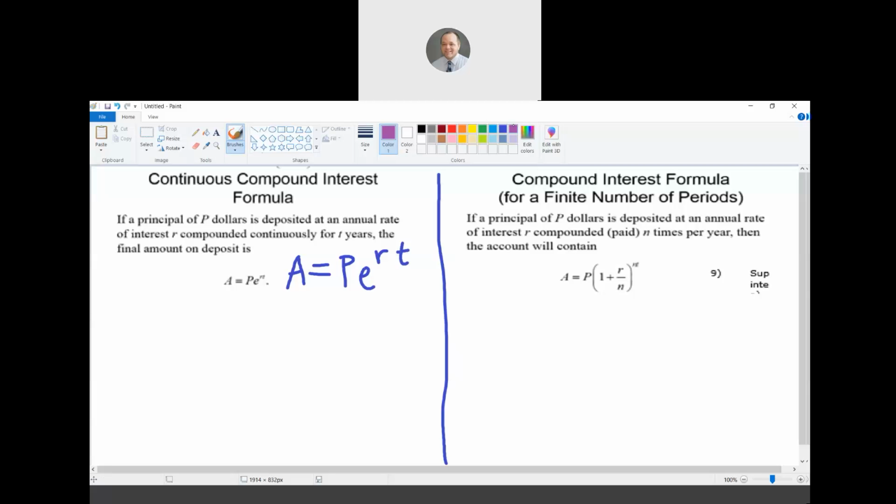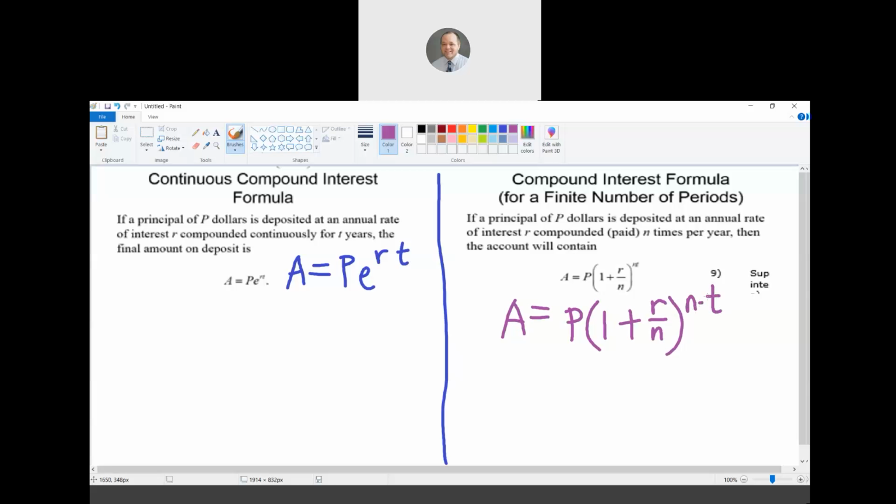Now, if your investment, or you may be taking out a loan, is compounded other ways besides continuously, then you use this formula. A is equal to P times, in parentheses, 1 plus r over n, raised to the n times t power.